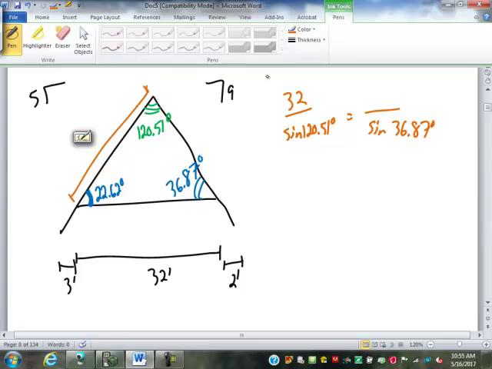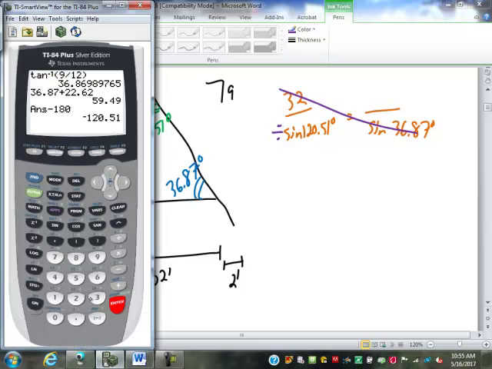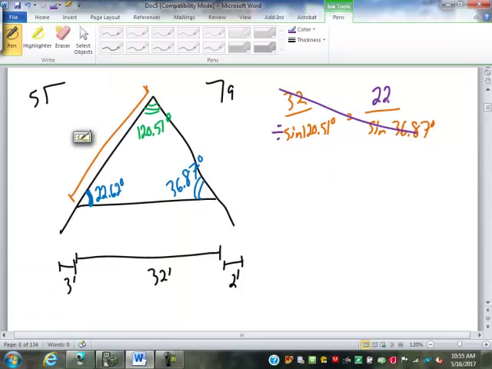Good. 32 times sine 36.87 divided by sine 120.51 gives 22.29 feet.